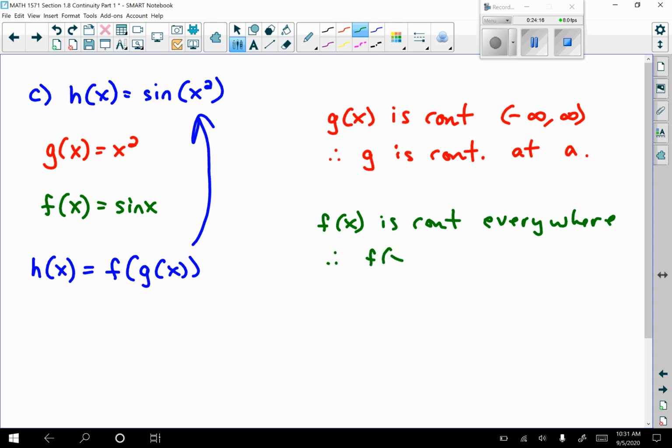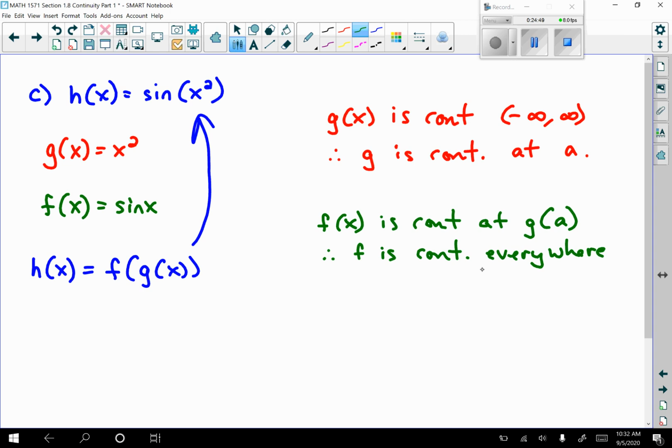Therefore, f of x, actually I want to phrase that backwards to follow the theorem. So I would say f of x is continuous at g of a. Therefore, f is continuous everywhere. Because again, we could say it the other way too, how I started this.